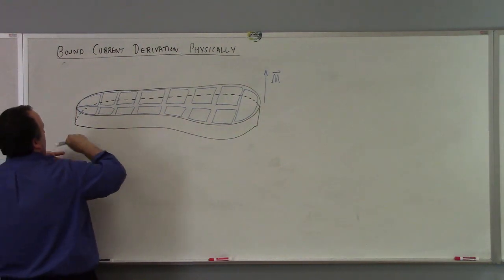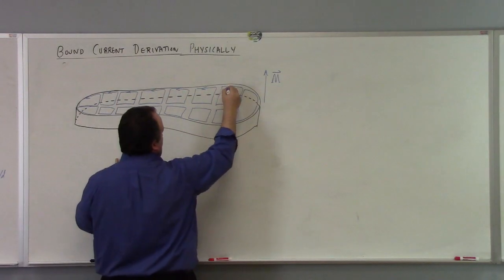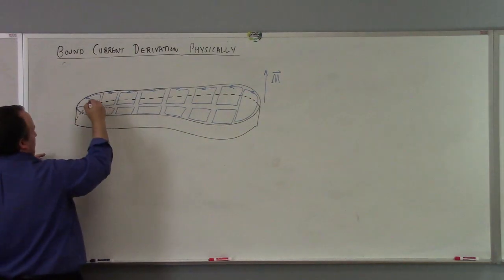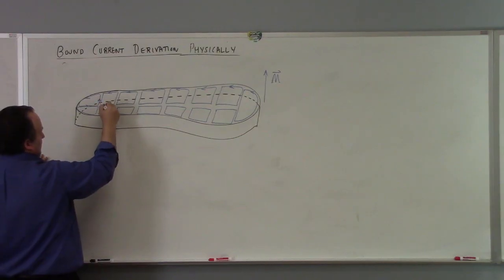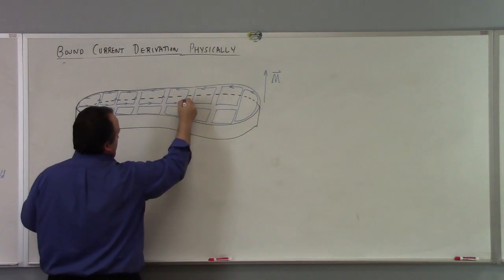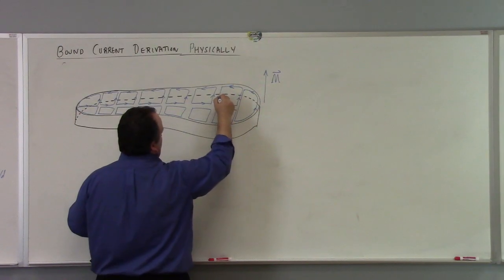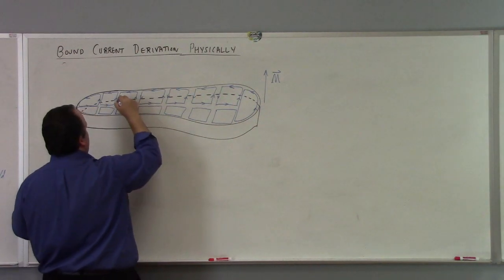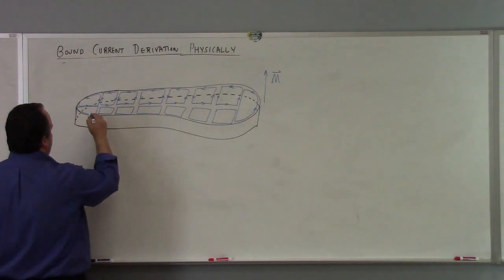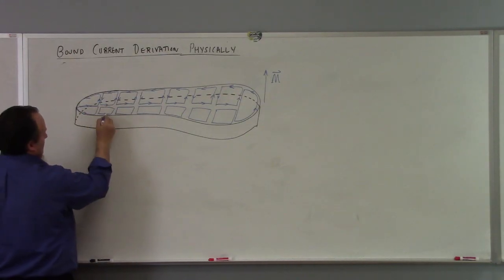So it's like here. And of course it's a loop, so it comes back down like that and around, down and around, down and around. And then a similar story down here.